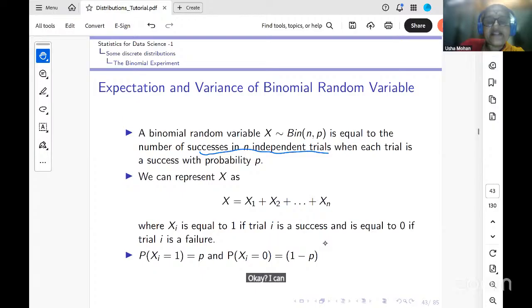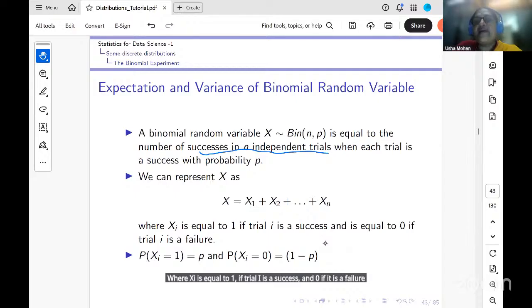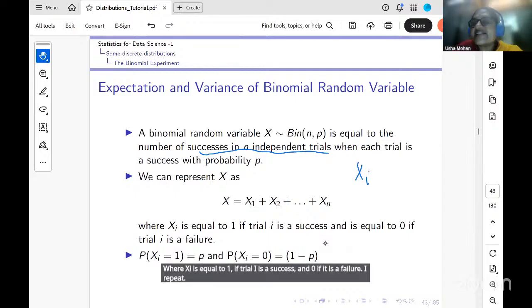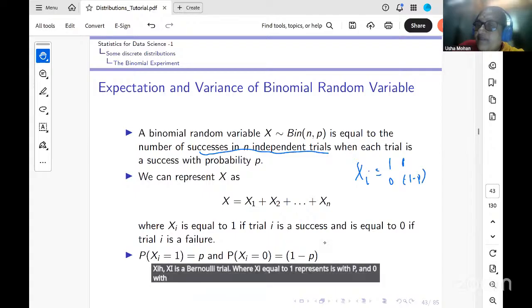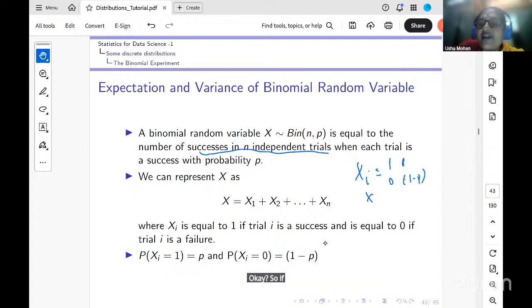I can represent this as x1 plus x2 plus up to xn, where xi is equal to 1 if trial i is a success and 0 if it is a failure. I repeat, each xi is a Bernoulli trial, where xi equal to 1 occurs with probability p and 0 with probability 1 minus p. So if I write it as x1 plus x2, if both the trials are a success, what is the value x will take?